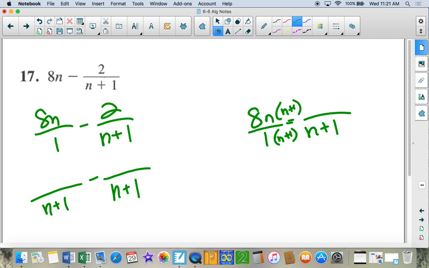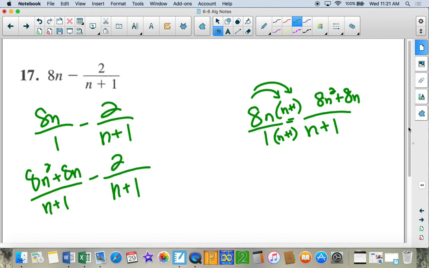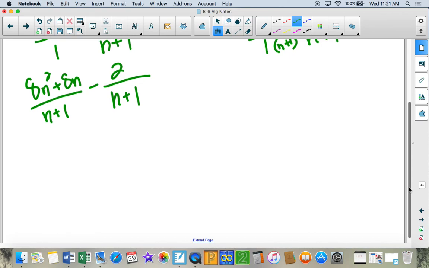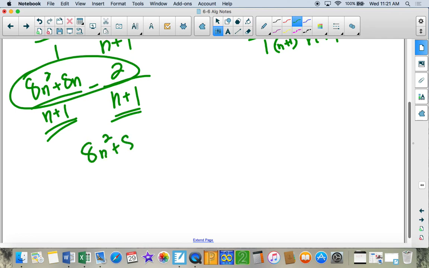We're going to distribute. We get 8n squared plus 8n. So for that numerator, we have like denominators. Combine the numerators. 8n squared plus 8n minus 2 all over n plus 1.